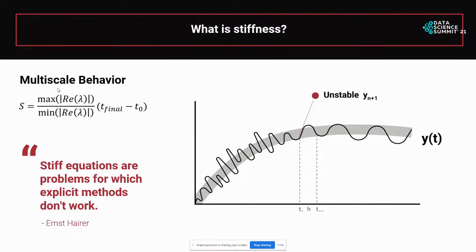So what is stiffness? Why is this a behavior that you should be really worried about? And how could you think about when your system will have the problem, right? It really comes from multi-scale behavior. So think about this line, right? In general, you want to say that y of t is doing something pretty simple. It's just going up and flattening out. In reality, it's bumping around at a much smaller scale, right?